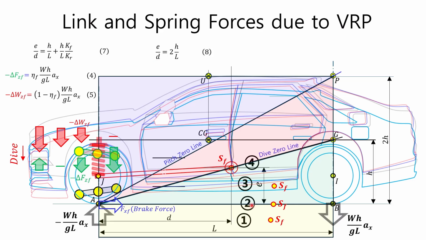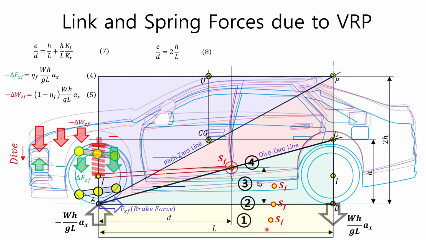Region 1 represents the case where the virtual reaction point SF lies in the region below the horizontal line connecting the front tire's road contact center, point A, and the rear tire's road contact center, point B. This is indicated in light yellow.